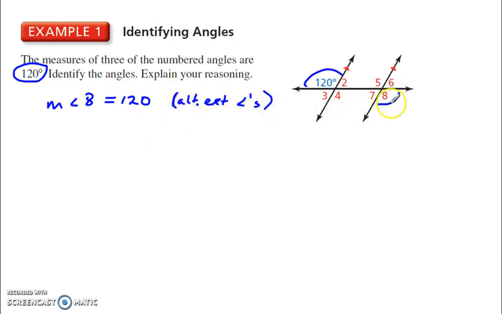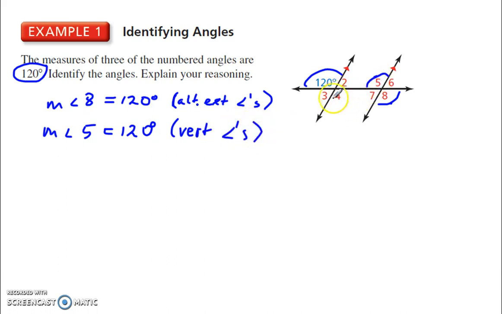Then the measure of angle 5 is 120 degrees because vertical angles.